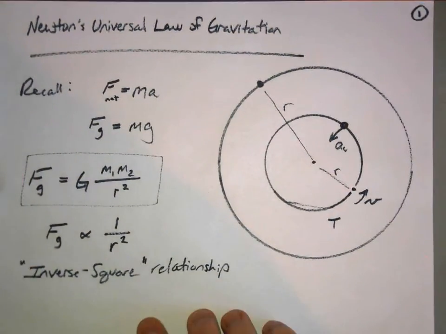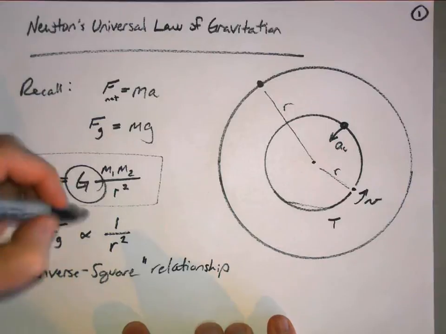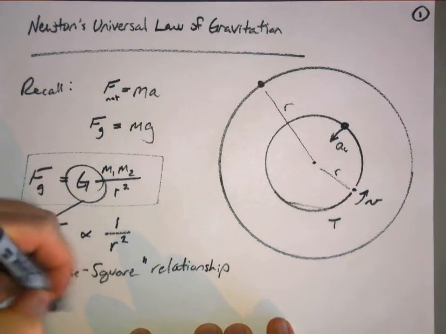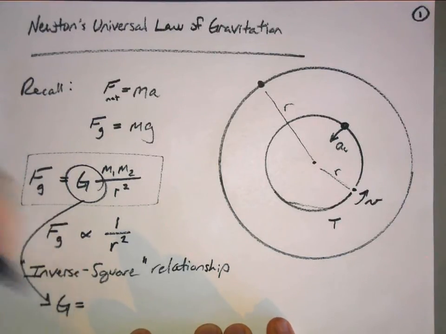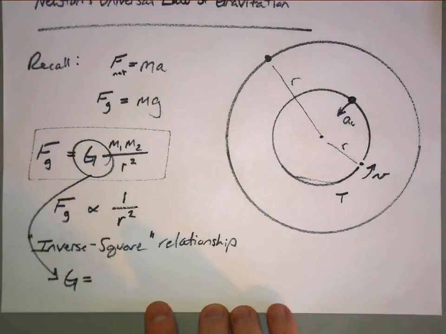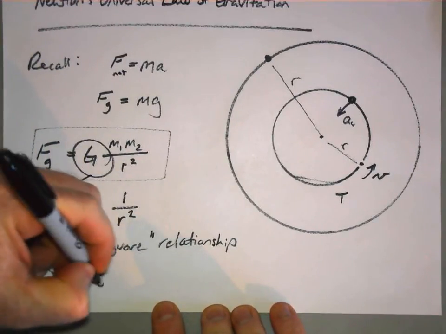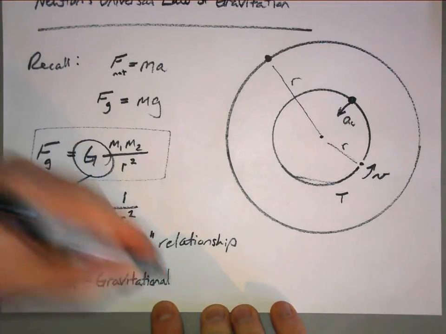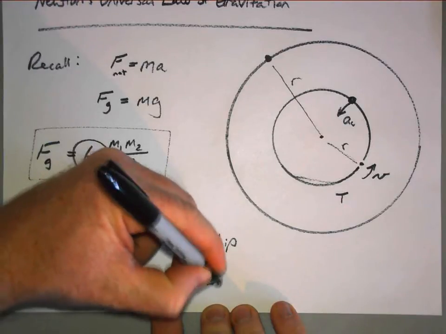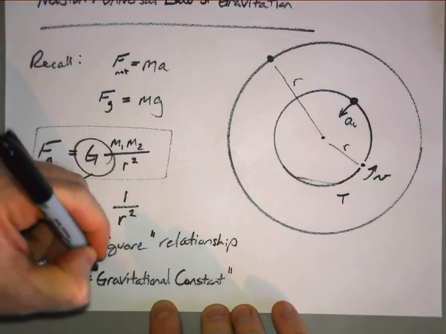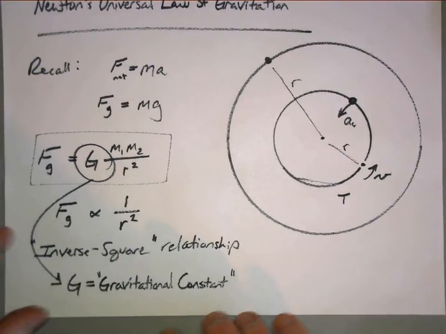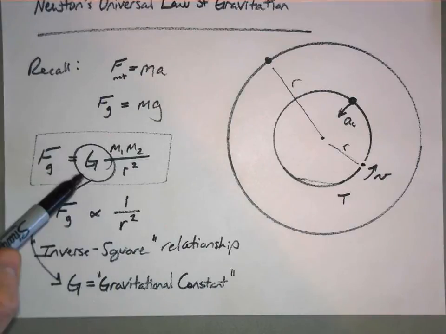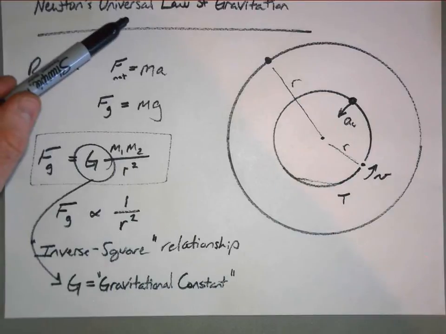It's capital G. G is what's called the gravitational constant. That's its name. And it is just a number. It has units with it, but it's a number that makes this equation work, and it makes it work anywhere in the universe. That's why sometimes this is called the universal law of gravitation.